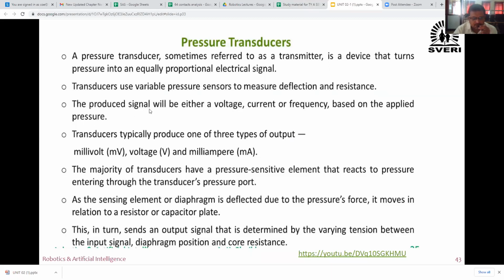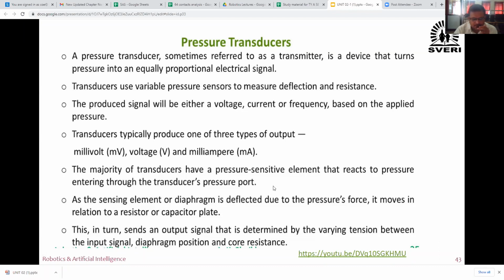The produced signal will be either a voltage, current, or frequency based on the applied pressure. Transducers typically produce one of three types of output: millivolt, voltage, and milliampere.